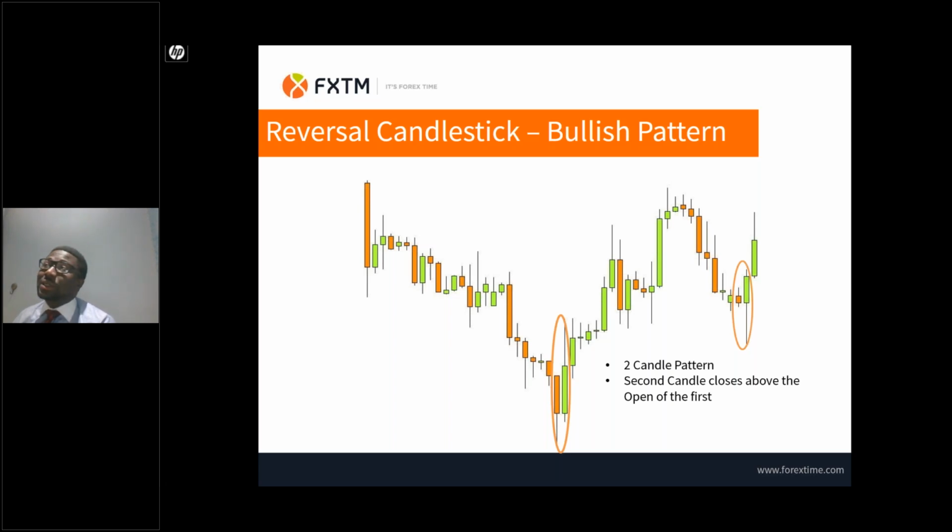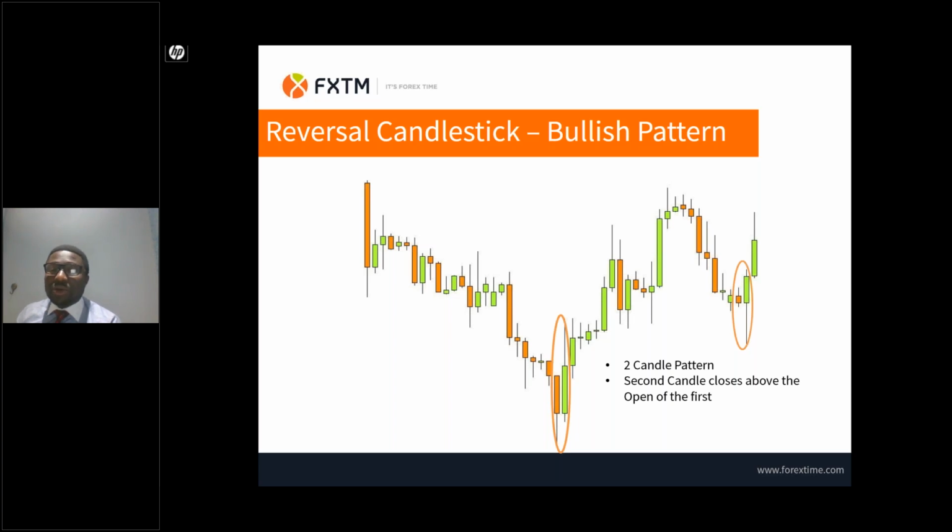As you can see in the circles, the second candle is a bullish candle, and the body of that candle is greater than the body of the previous bearish candle. So first, I need to have a bearish candle, and then secondly, a bullish candle with a body greater than the body of the previous bearish candle, closing above it.